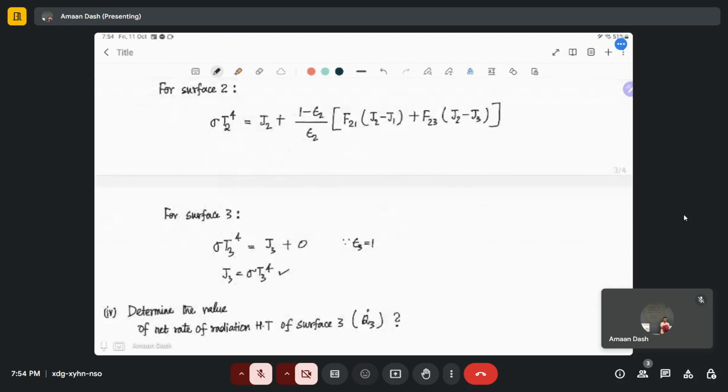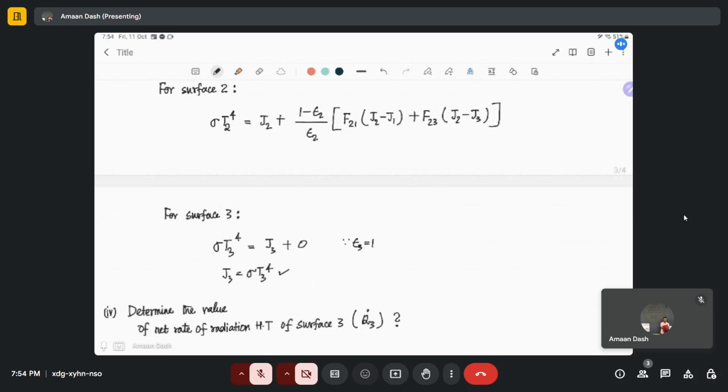J3 is nothing but sigma times of T3 to the power of 4. This is very, very easy to calculate. So it is given that determine the value of net rate of radiative heat transfer of surface 3. So J1 you can calculate easily, and by substituting this, you can also calculate.